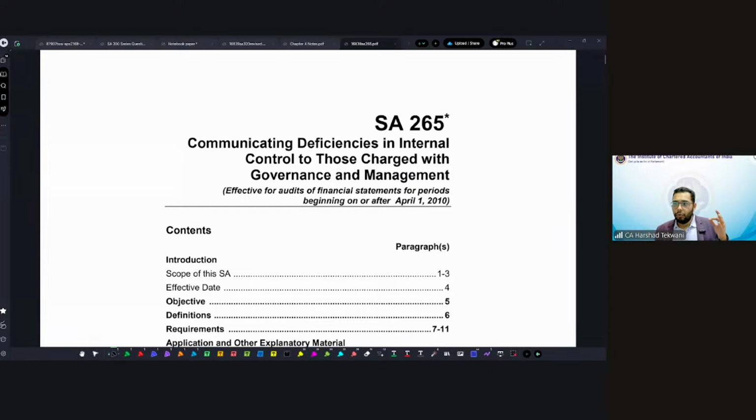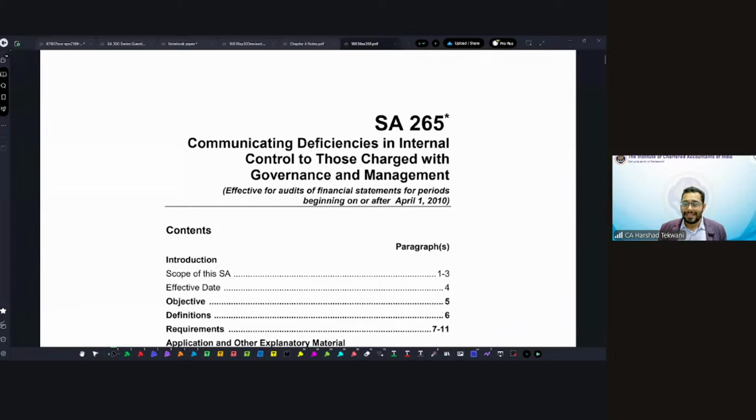For example, an OPC, a one person company. Over there, director, shareholder, everything is one person. What controls can they have? So the controls will have issues and will not be effective. Now, if I say the control is not effective, does that mean they have a misstatement by default? Will there be huge misstatements? The answer is no.